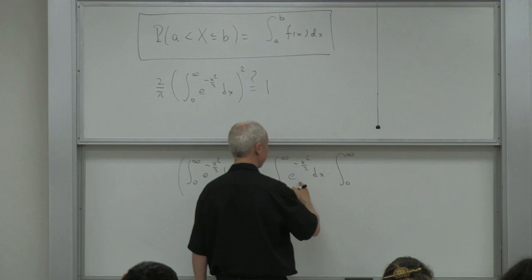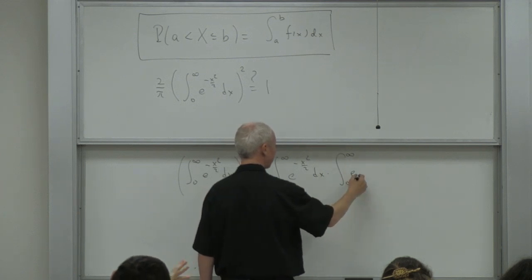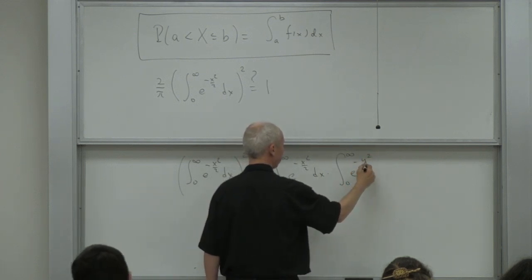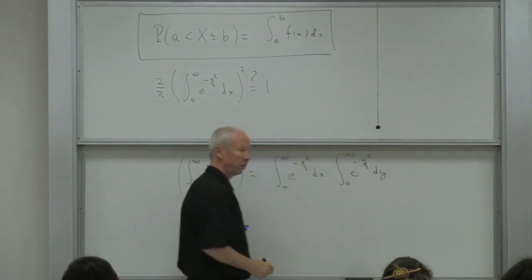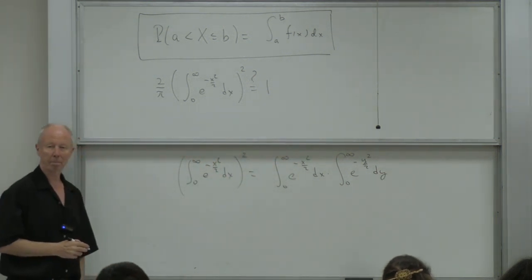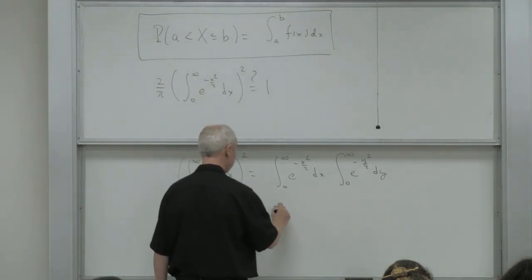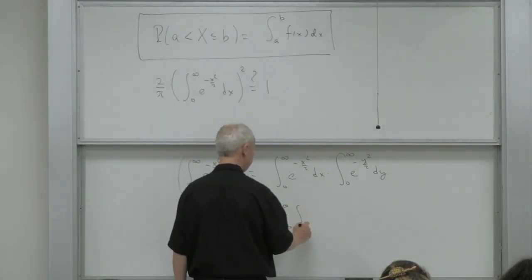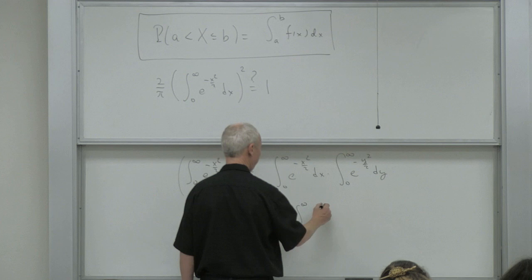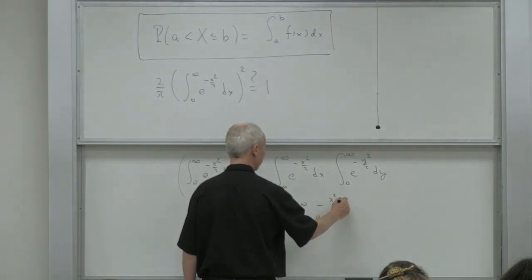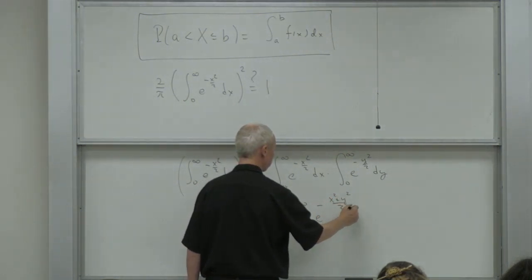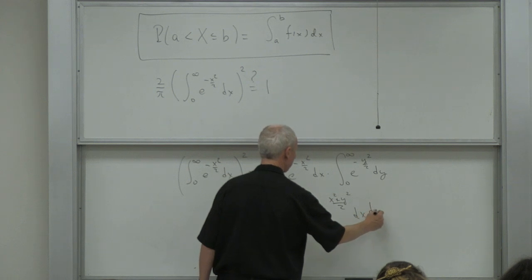So I'll just write it as the integral times the integral, but in the second one, I'll use a different variable. It doesn't change the value if I use a different variable. And now this looks like a double integral, 0 to infinity, 0 to infinity, e to the minus x squared plus y squared over 2 dx dy.